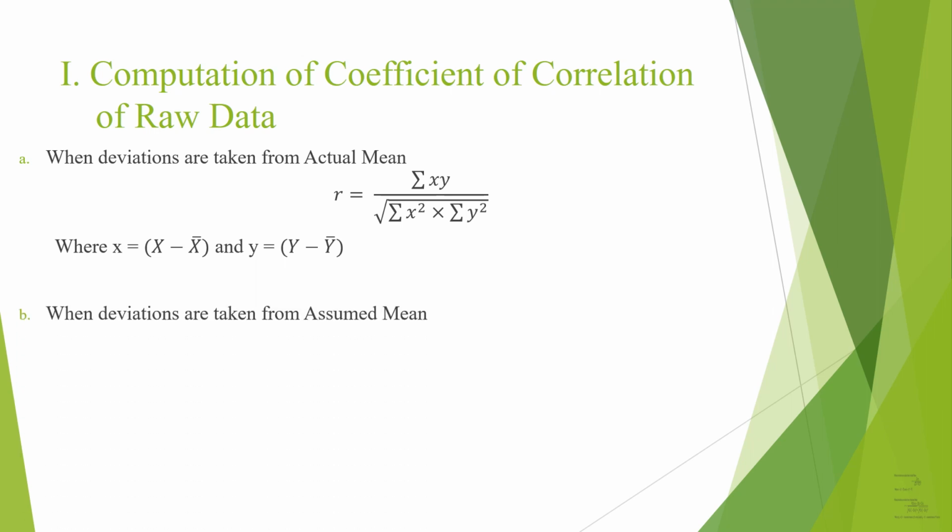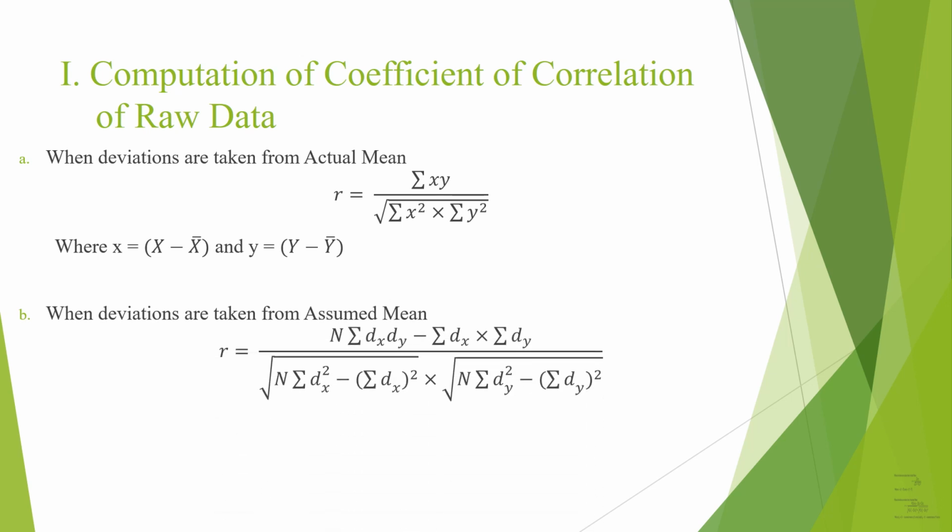When the deviations are taken from an assumed mean, the model is a little different. r is equal to n into summation dx dy minus summation dx into summation dy, whole divided by square root of n into summation dx square minus summation dx whole square, into root of n into summation dy square minus summation dy whole square.